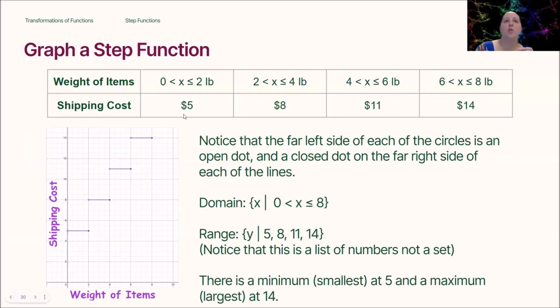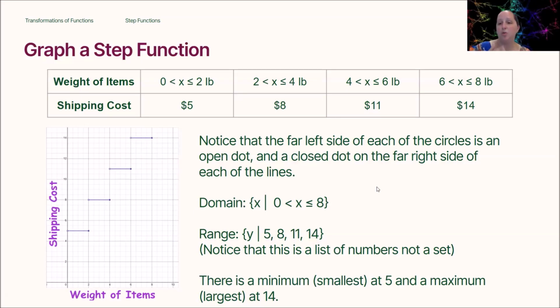From 0 to 2, where my X values are 0, 1, or 2, or anything in between, it's going to be $5. When my values are between 2 and 4, it's $8. Between 4 and 6, it's $11. And between 6 and 8, it's $14.